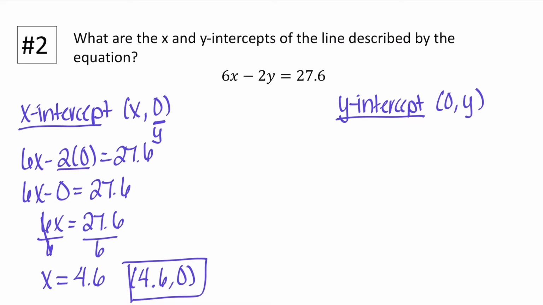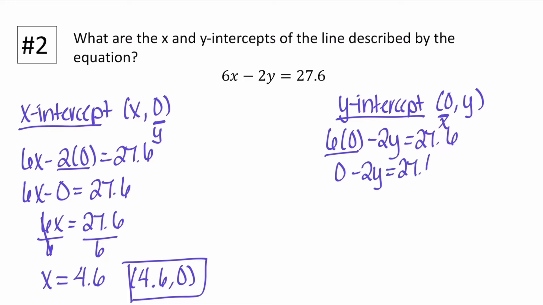The y-intercept is going to occur where x equals 0. So I'm going to go to my equation and plug in x equals 0. So I get 6 times 0 minus 2y equals 27.6. 6 times 0 is 0, so 0 minus 2y equals 27.6. 0 minus 2y is negative 2y, so that equals 27.6.